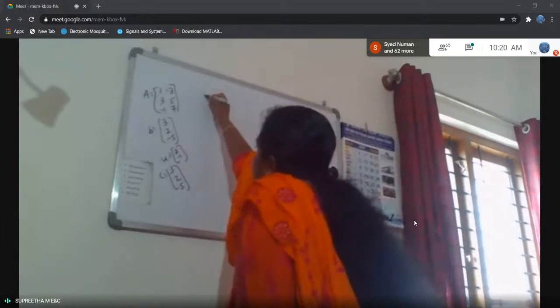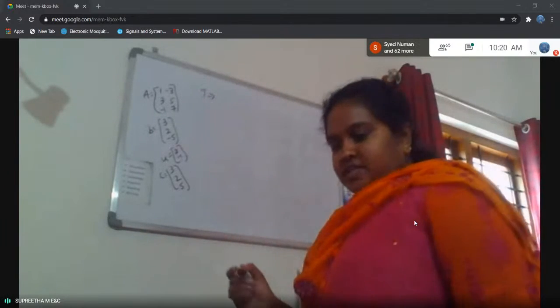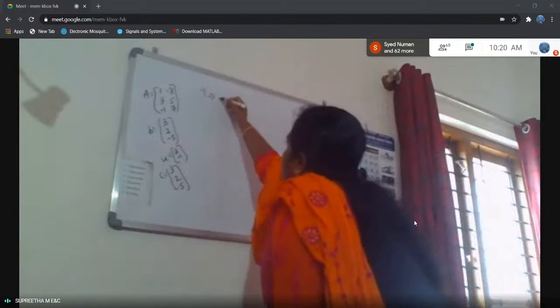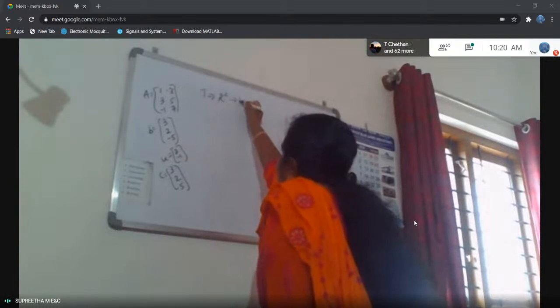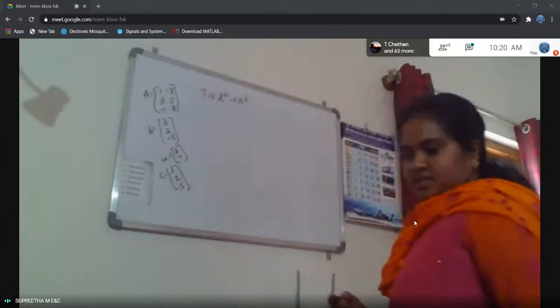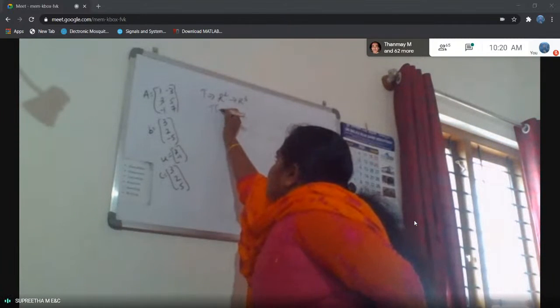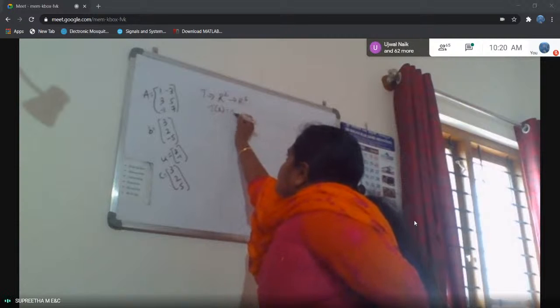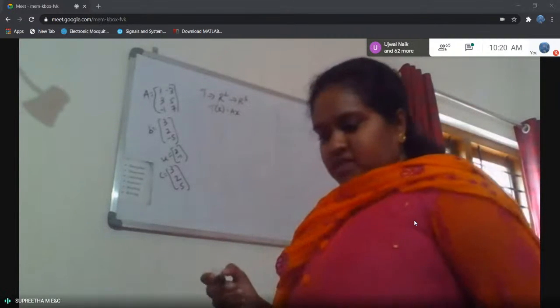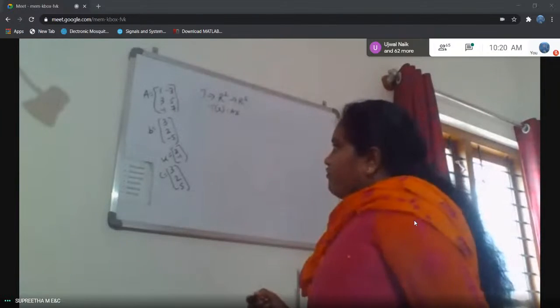Define a transformation from R2 to R3 by T of X is equal to AX.